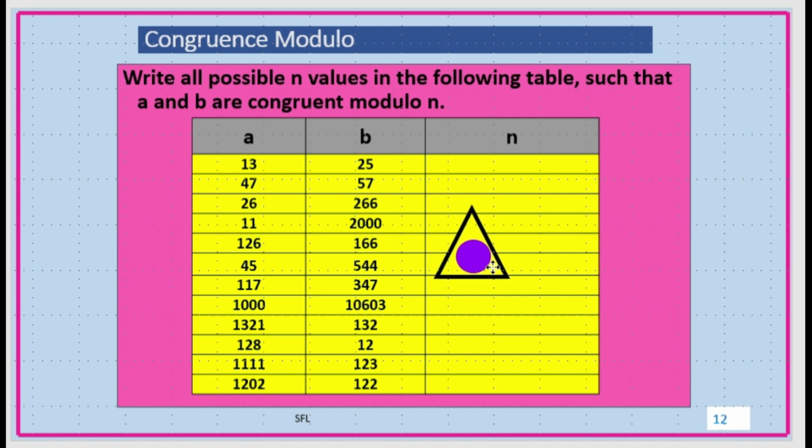Therefore, n has a lot of choices: 2, 4, 6, 8, 10, 5 and so on. 117, 347. The difference is 230. Therefore, n can be 23, 10, 5, 2. You can fill the table yourself.